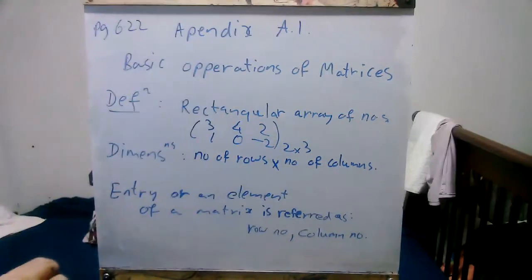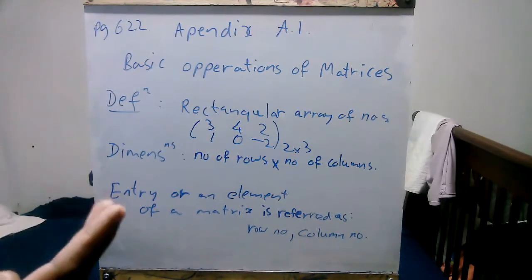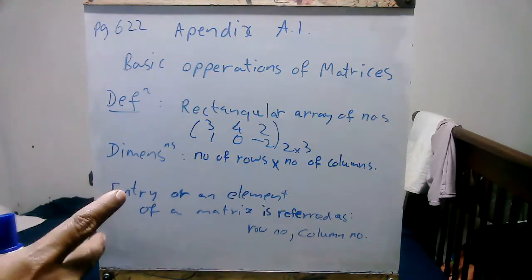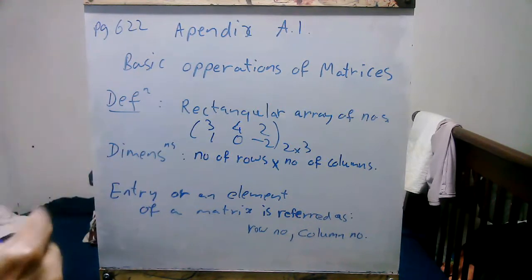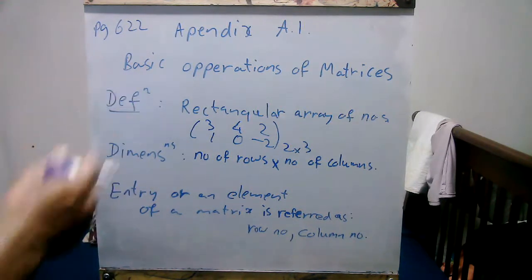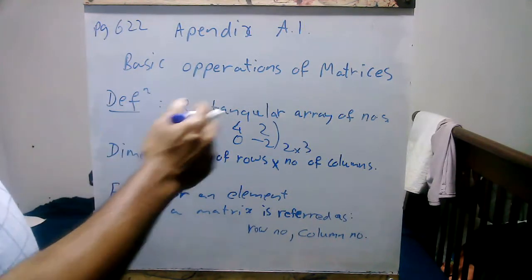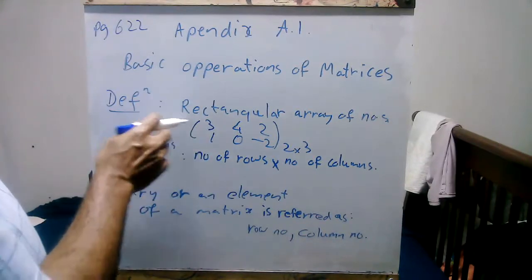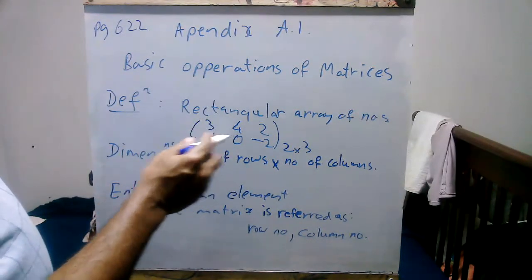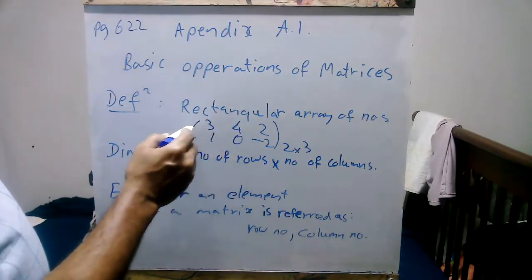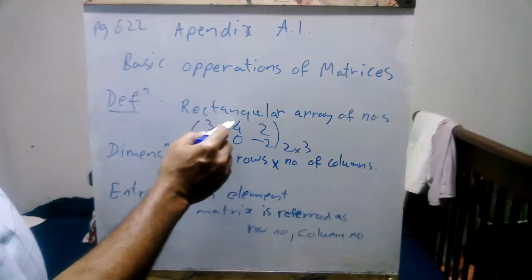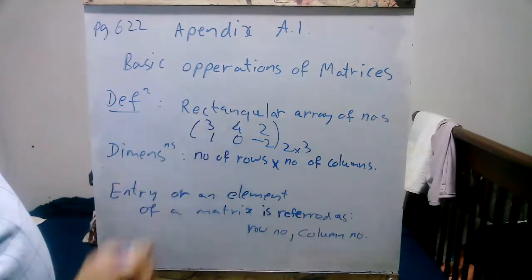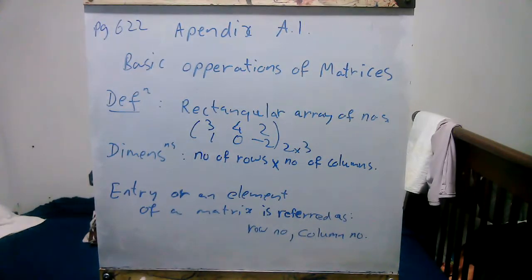So there should be a way to refer to it, like an XY coordinate system, where we give the X coordinate first, a standard. Likewise here, when we refer to these elements, we always say row number, then column number. In the case of number 4, it is in the first row and second column. Therefore 4 is the 1, 2 element, right?